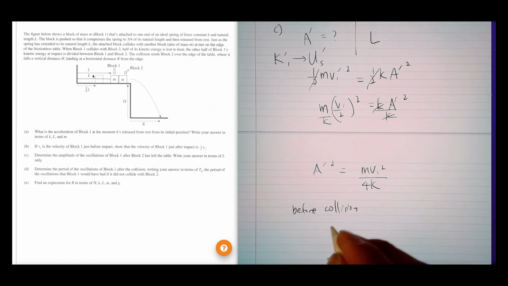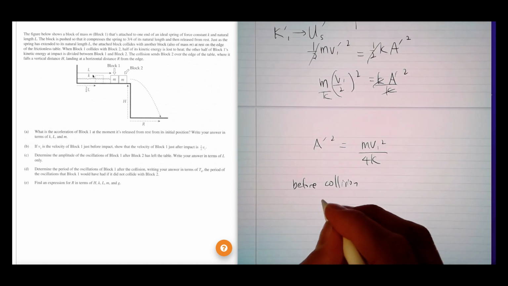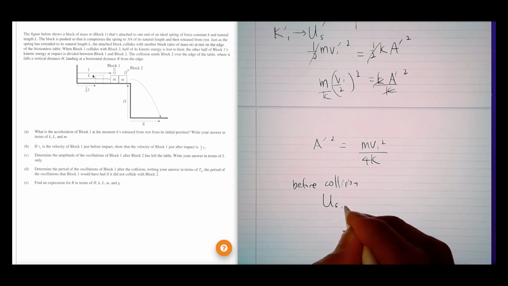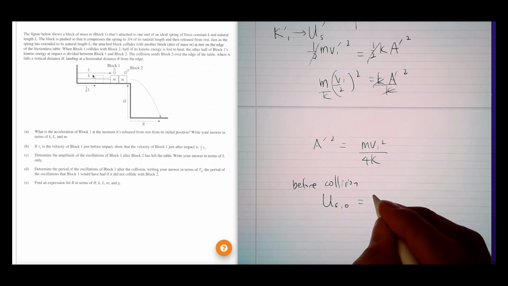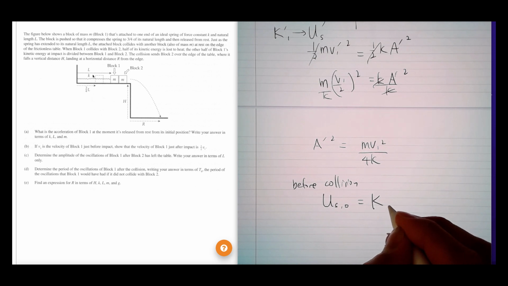Before the collision, okay, we had the spring potential energy at the amplitude, and that's all going to convert to the kinetic energy before the collision, meaning it's going to be kinetic energy before the collision. So we are not going to put the prime there.